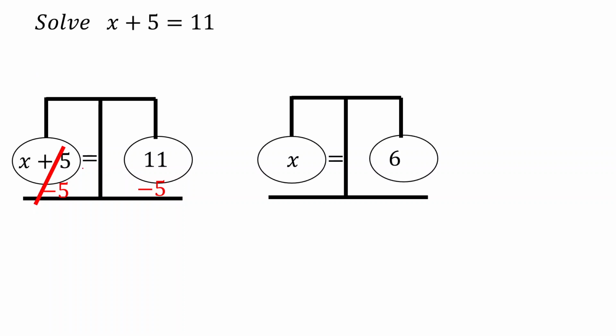I'm left with an x, being equal to 11 take away 5, which is 6. And I've solved that equation. I found my value of x, which is 6. x is equal to 6. Let's check it: if x is equal to 6, I've got 6 plus 5 equals 11. It makes sense. I've solved that equation using the balance method.